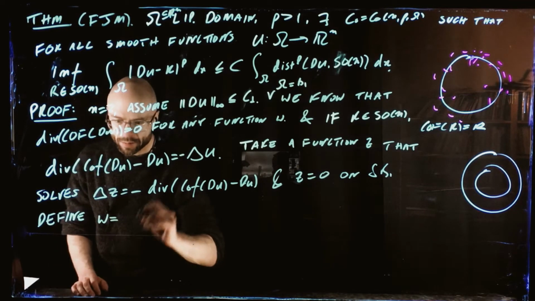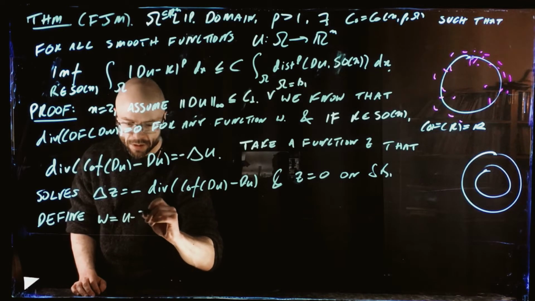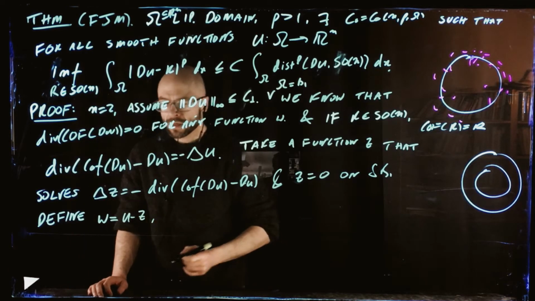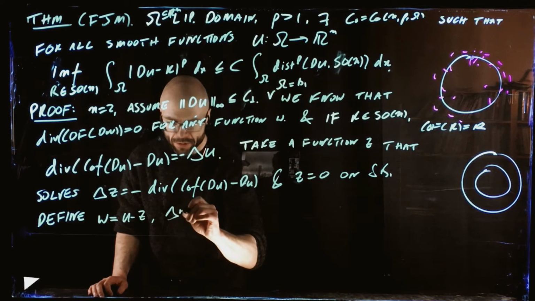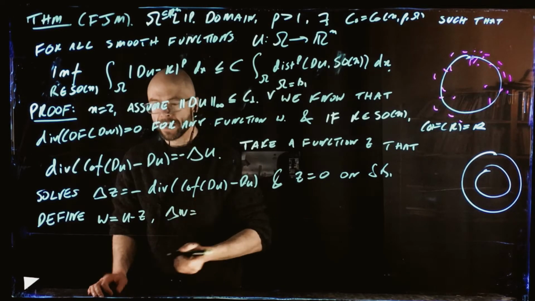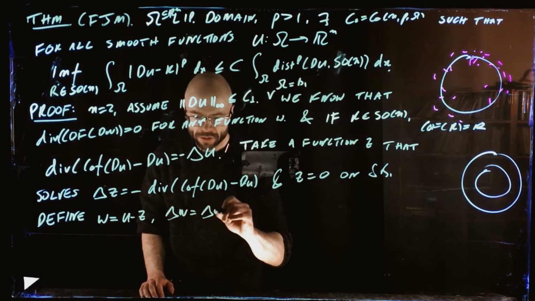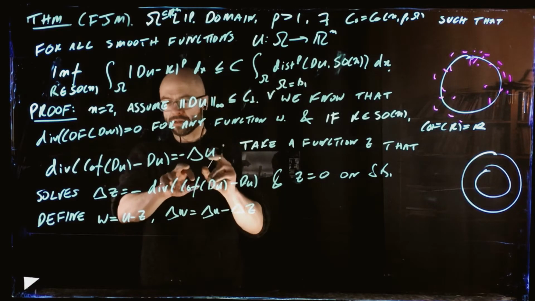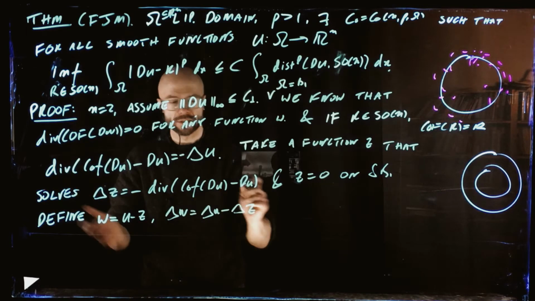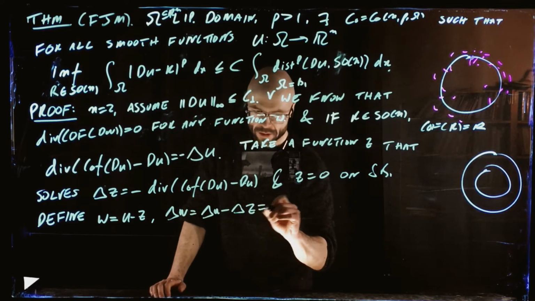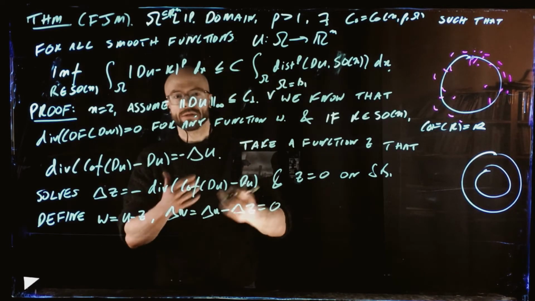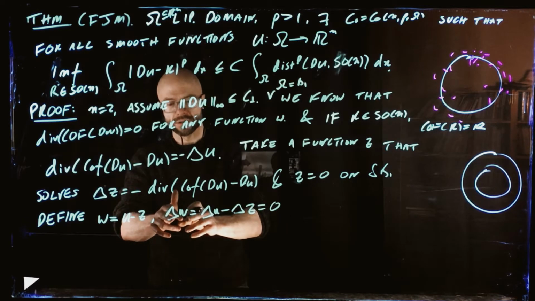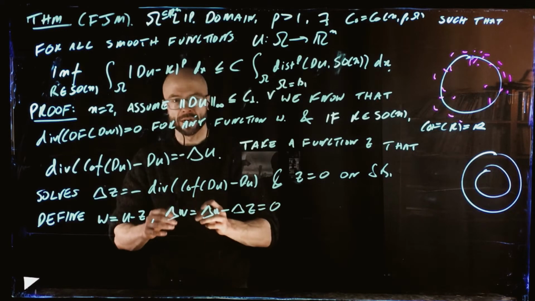We'll define w to be equal to u minus z, and then if we take the Laplacian of w, it's going to be Laplacian of u minus Laplacian of z, and Laplacian of u and Laplacian of z are the same, so this thing will be equal to 0. So we'll have actually a harmonic function in the sense that both coordinates of w will be harmonic.